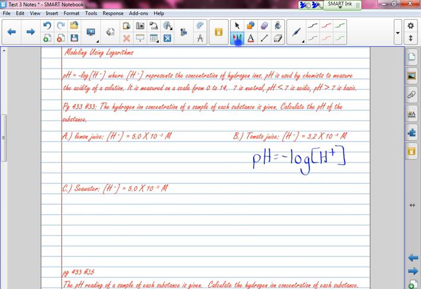I gave you the hydrogen ion concentration. So pH equals negative log of 3.2 times 10 to the negative 4, and this is to find the pH of tomato juice. All I did was plug the hydrogen ion concentration into the hydrogen ion concentration spot.